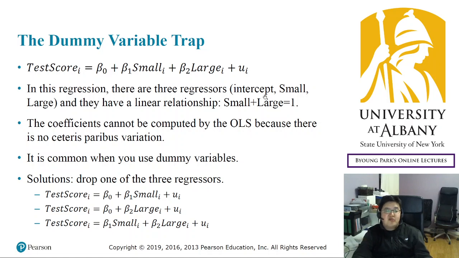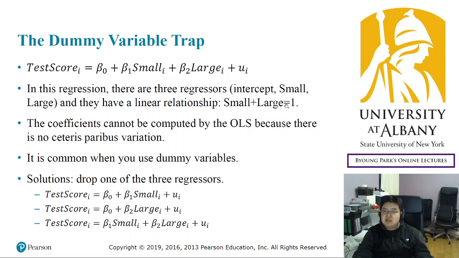So then you need to drop one of these 3 regressors. You may drop the intercept, or you may drop one of these 2. Dropping the intercept is maybe a little bit less intuitive, but if you understand the intercept as 1 in this relationship, there are 3 variables involved in this relationship.